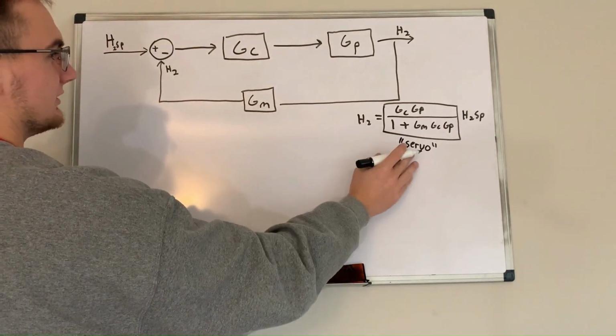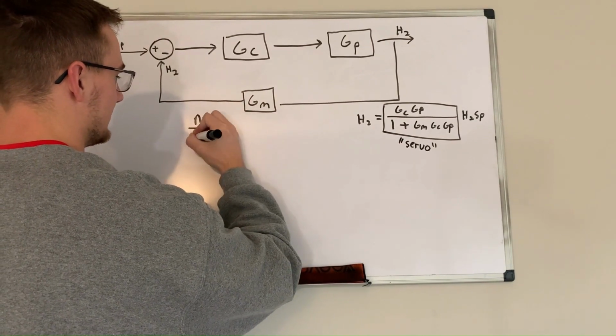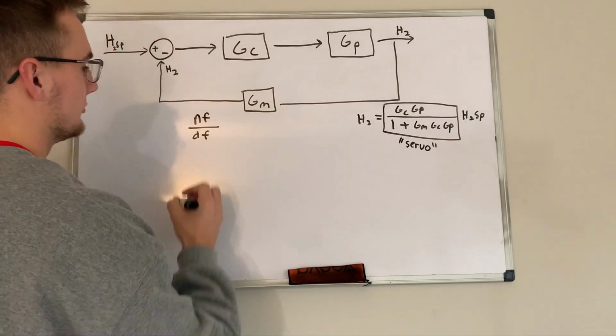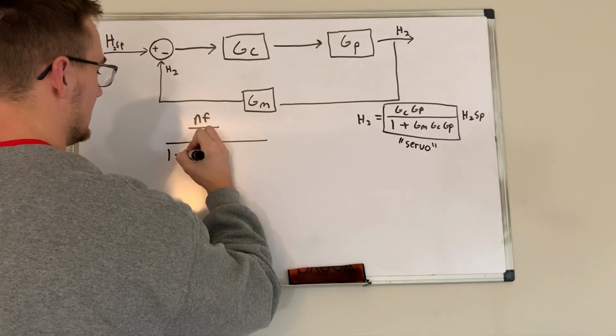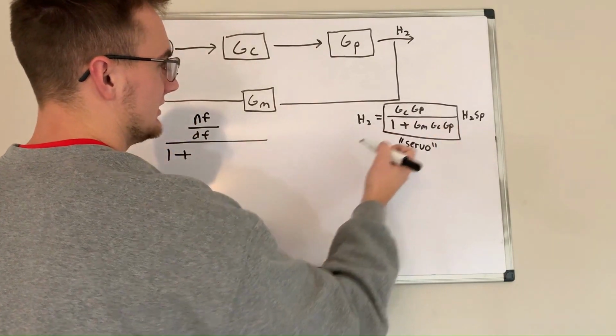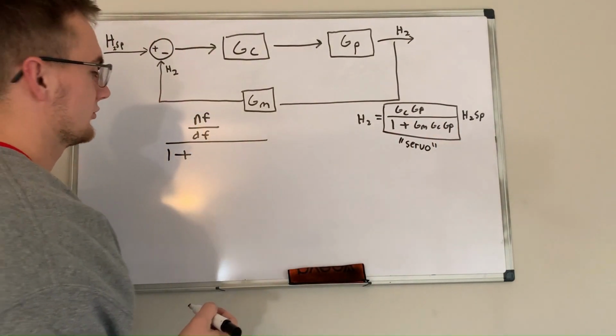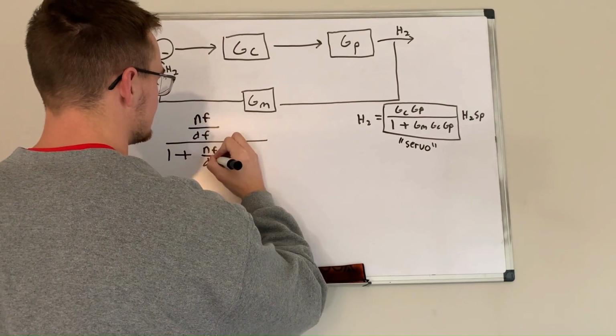So if we take the same servo function, we'll have NF over DF in our numerator. And in our denominator, we have 1 plus our GC and GP again, our transfer function in the forward direction, so again NF over DF.